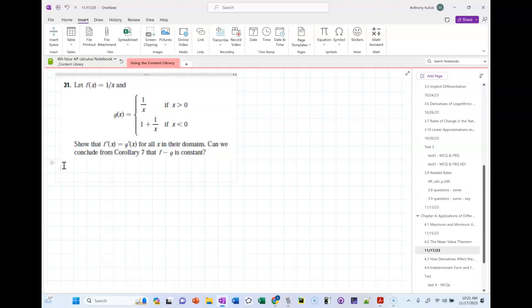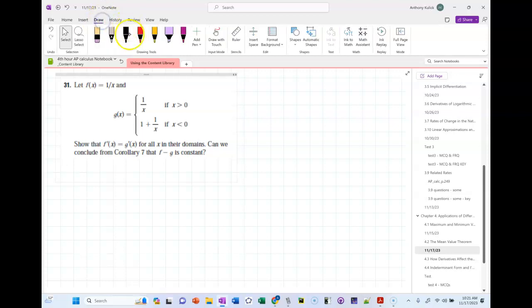Show that f prime is equal to g prime for all x in their domain. Can we conclude from corollary 7 that f minus g is constant? So let's start just by doing f prime.